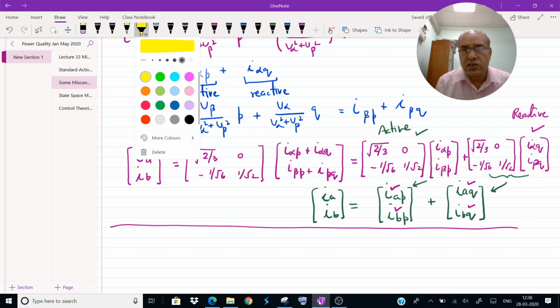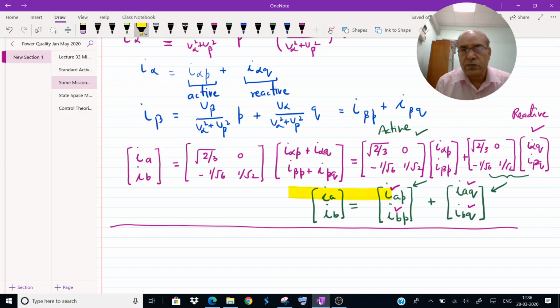These relationships explain the connection between the active and reactive components in alpha beta to active and reactive components in A and B through these matrices. So we shall use these results directly in our current discussion.